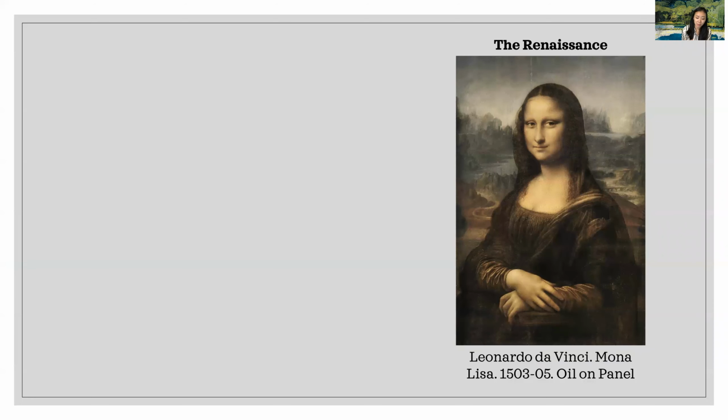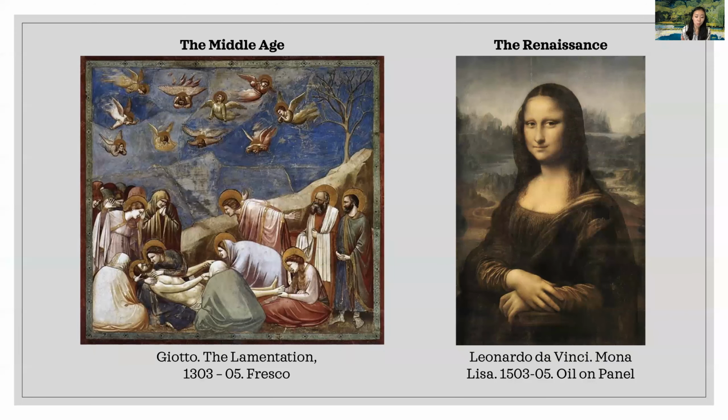Before the Renaissance, there was the Middle Age, known as the Dark Age in art history, for 1,000 years. However, after the Middle Age, the Renaissance arose and many Renaissance artists sought to make realistic images and spaces on the two-dimensional surface, just like this Mona Lisa painting.